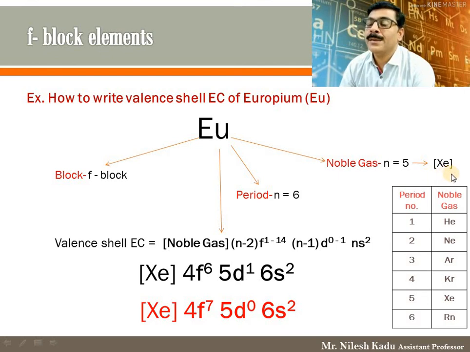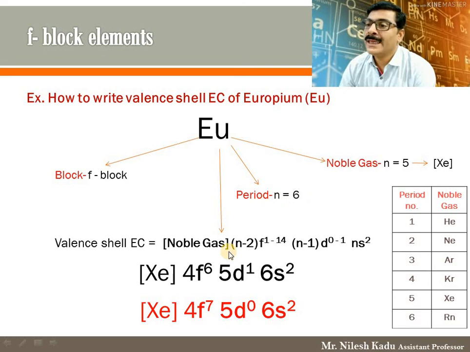Now you can write the valence shell electronic configuration, and it is: first the noble gas, then (n-2)f 1 to 14 electrons, (n-1)d contains 0 or 1 electron, and ns2. Here the value of n is 6 for europium.